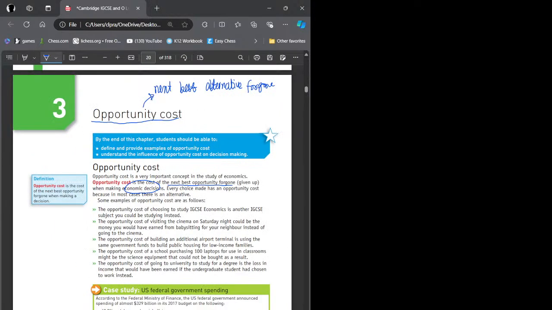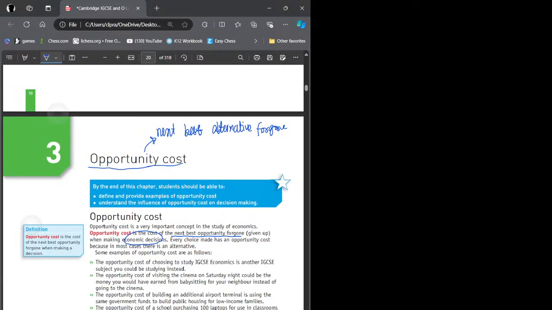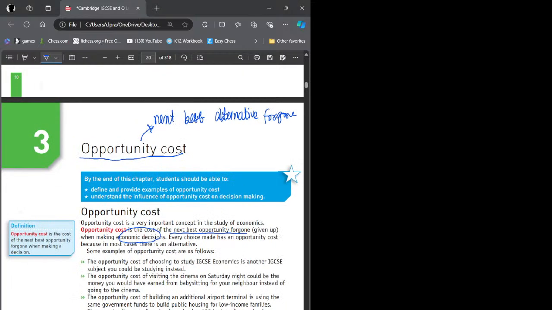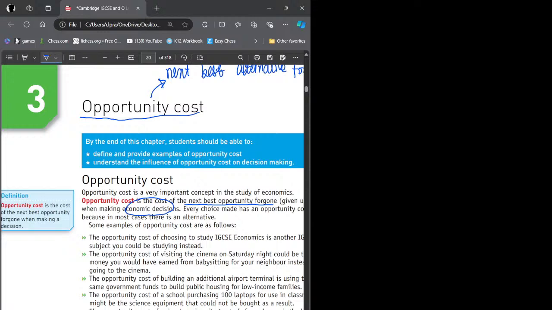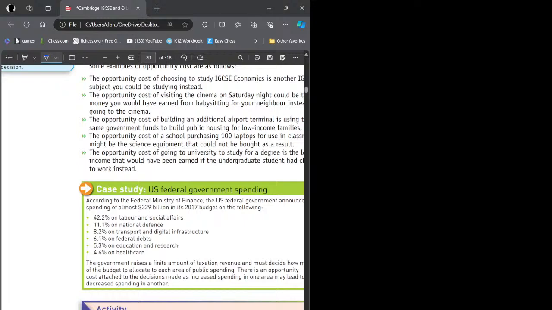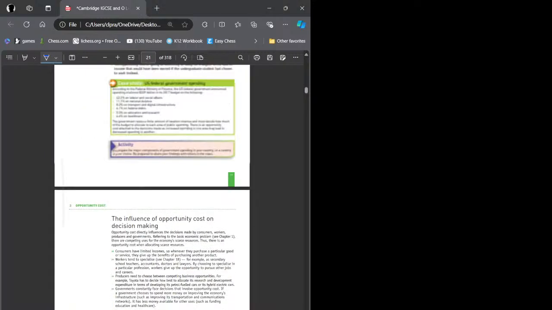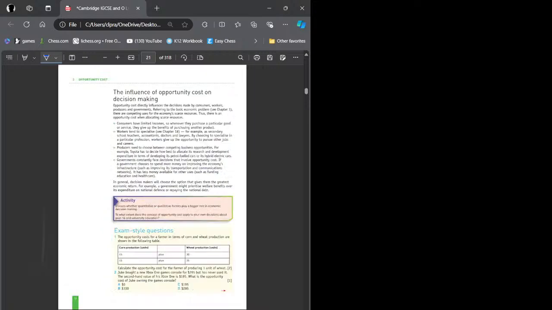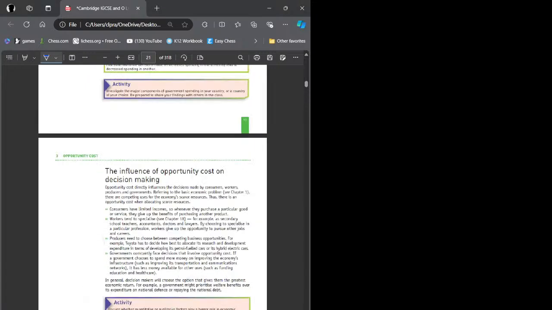Let's say the opportunity cost of you going to school every day is the experience that you could have gotten from working in a factory or under someone, right? So that is that.